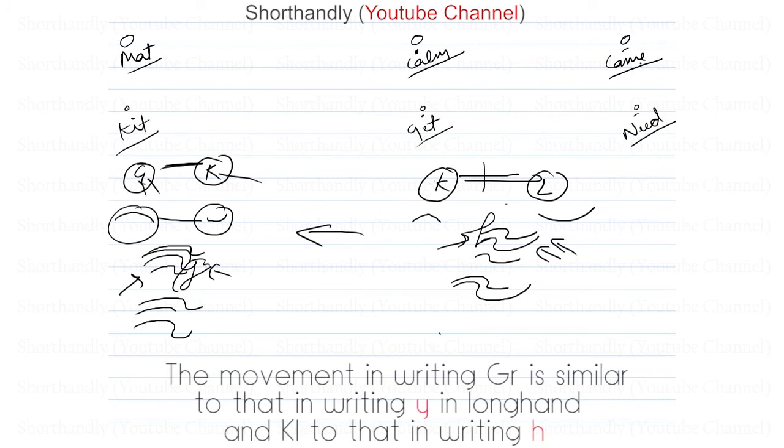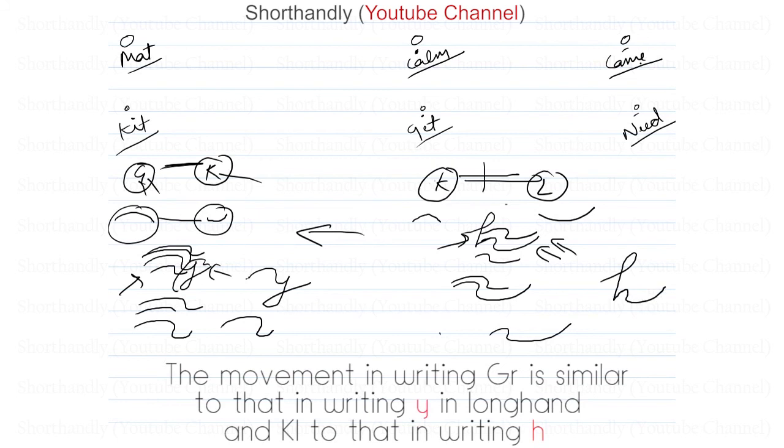They are not equal length characters, they are unequal length curves. So when we have to write K and R, it will be made like this, as in the Y character in longhand, and when we have to write K and L, it should be made like this, as in the H character in longhand.